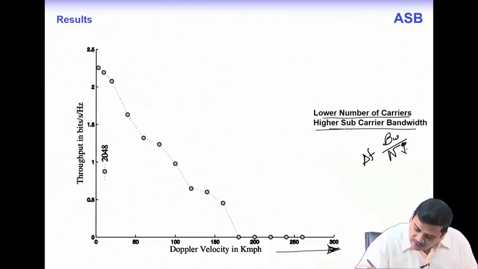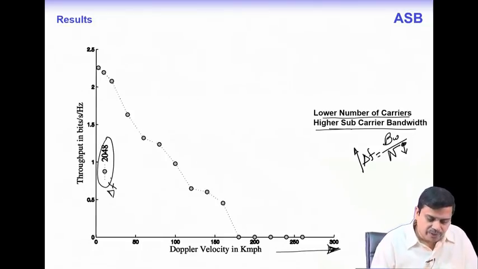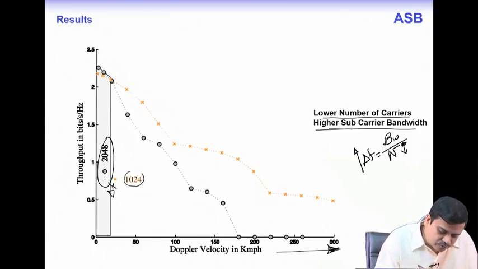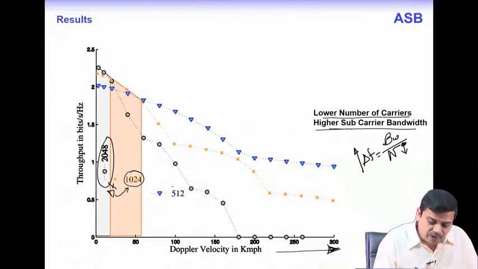As N decreases, delta f increases, right. So, 2048 has a certain value of delta f with 20 megahertz bandwidth. As we go to 1024, the delta f increases. As we go to 512, delta f increases further.